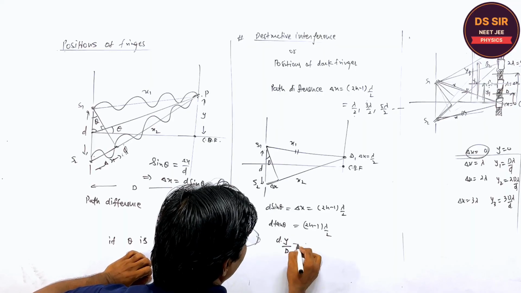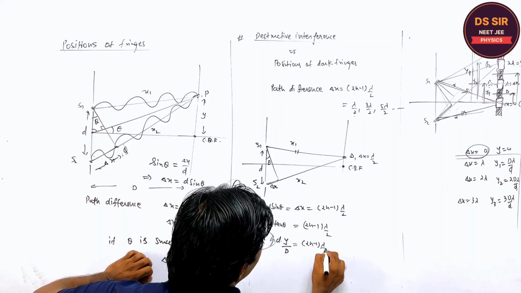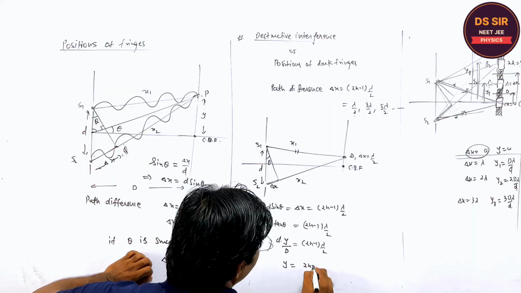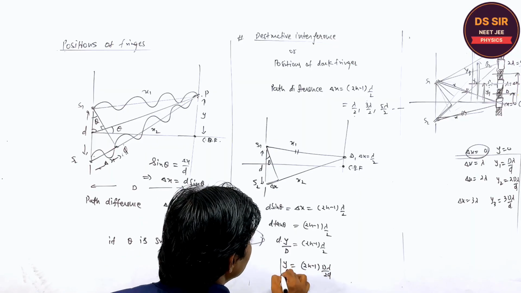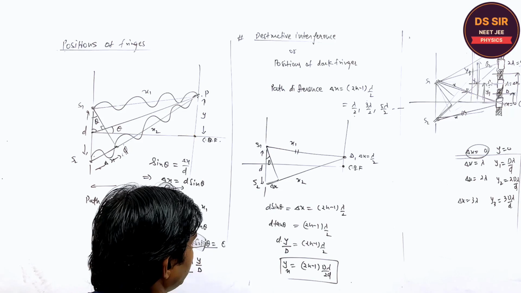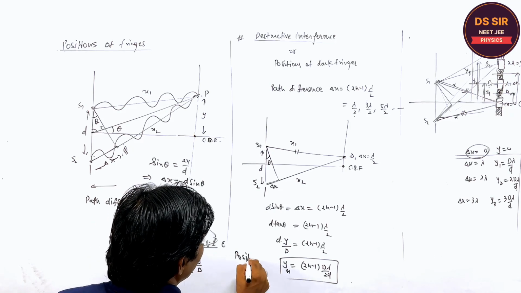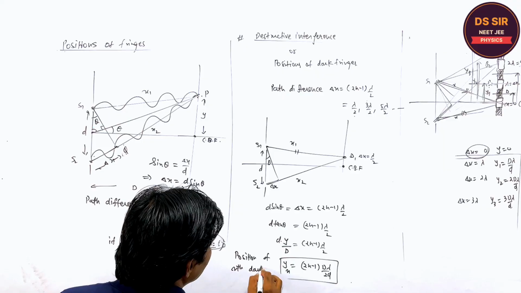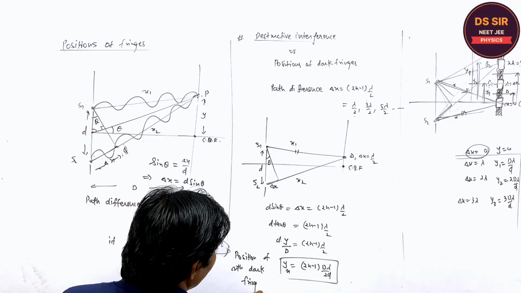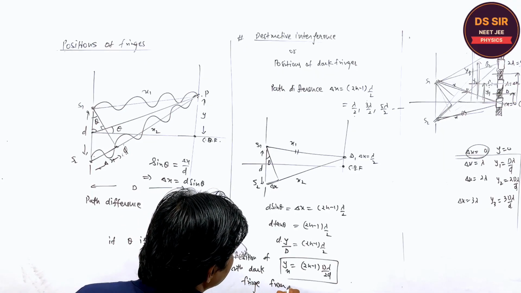Tan theta is equal to y upon d, (2n minus 1) lambda by 2. So y equals (2n minus 1) d lambda over 2d. This is the position of the nth dark fringe. What is this? Position of the nth dark fringe from the center.